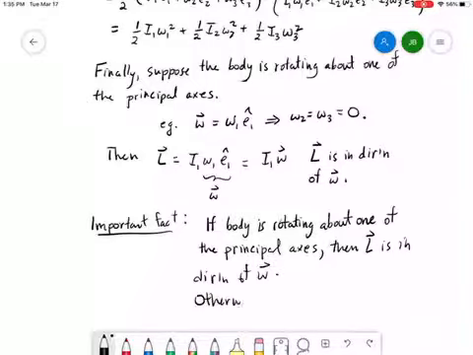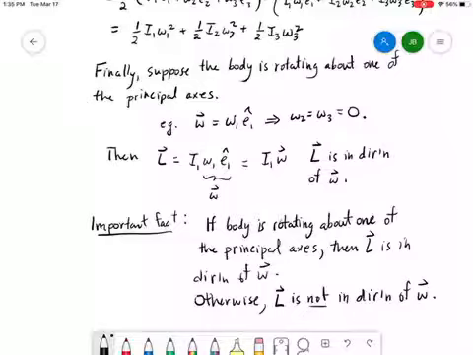Otherwise, if the body is not rotating about one of the principal axes, L is not going to be in the direction of omega. It may have a component in the direction of omega, but it will have other non-zero components. Otherwise, L is not in the direction of omega.